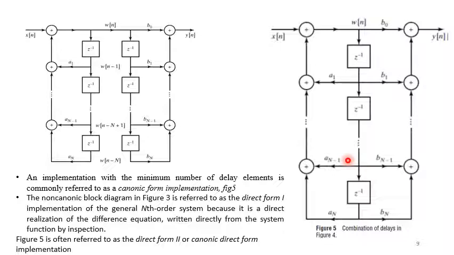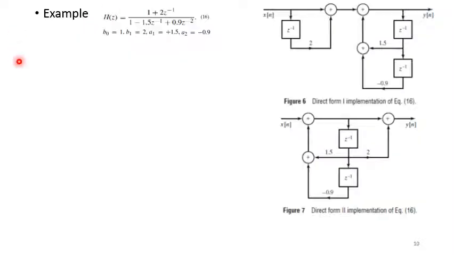The one shown in figure 5 is called the direct form 2, or canonic direct form, implementation. From the previous discussion, we can say that in general we have an unlimited number of equivalent realizations of any given system.